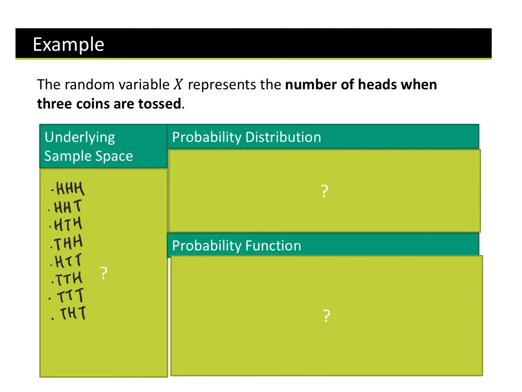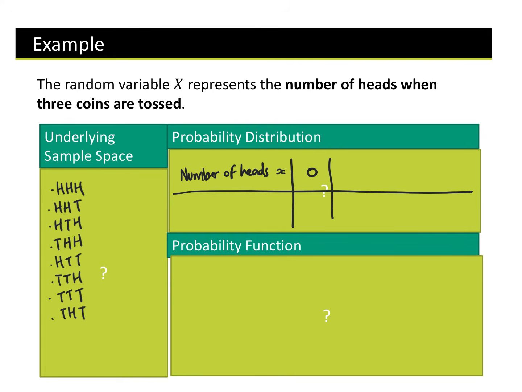I'm going to come to how I know this is all the possible combinations. Now, the probability distribution. This is very simple. It's the number of heads when 3 coins are tossed, so the number of heads is what our X is going to equal. What are the possible numbers of heads? We could have 0 heads, 1 head, 2 heads, or 3 heads shown.